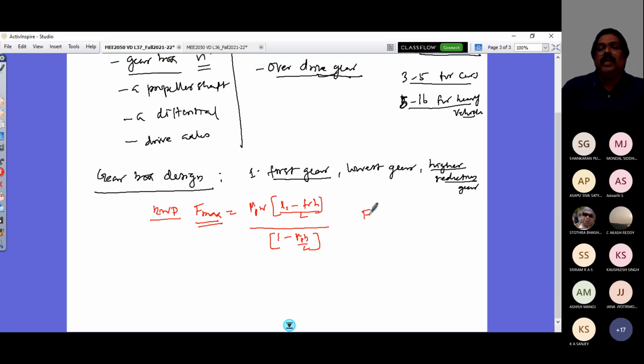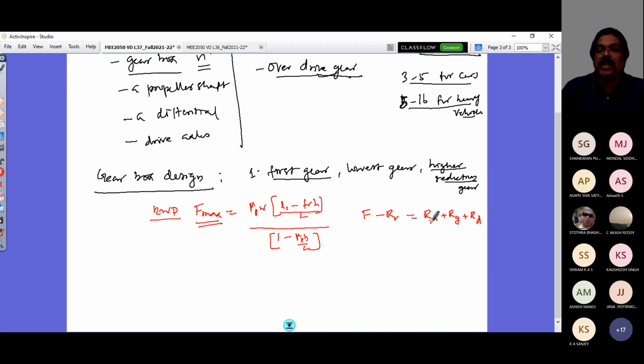Here, in this parenthesis, F minus RR would be equal to RA plus RG plus RD and so on. RD is the drawbar pull, RA is the aerodynamic resistance, RG is the grade resistance.